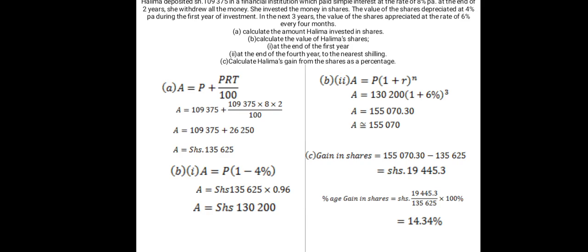So the first part we use the simple interest formula where we add the principal and the interest to get the amount of the shares invested. Part B, part 1, we calculate the value at the end of the first year.